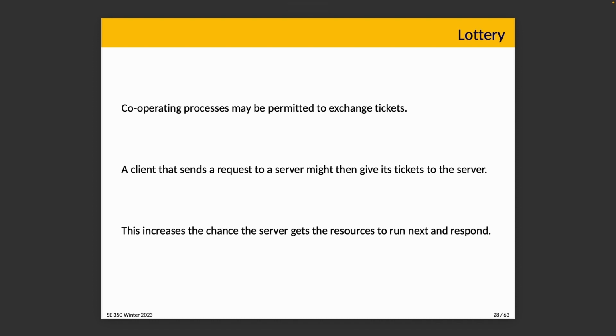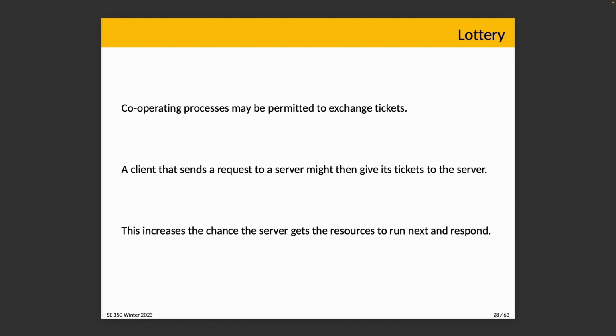Hypothetically, you could allow cooperation, and cooperating processes could be permitted to exchange tickets. So a client that gives its requests to a server could, when it submits a request, give some tickets with it, increasing the chance the server gets the resources to run next and respond.